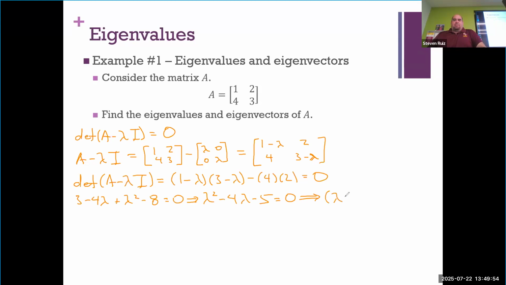Right, so this should factor into lambda plus 5, lambda minus 1 equals 0. Other way? Yes, okay. So lambda equals -1 and 5. Those are the eigenvalues.